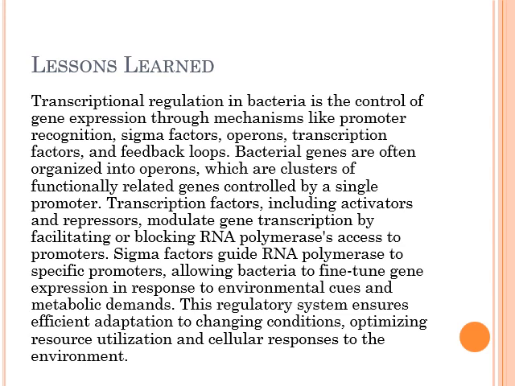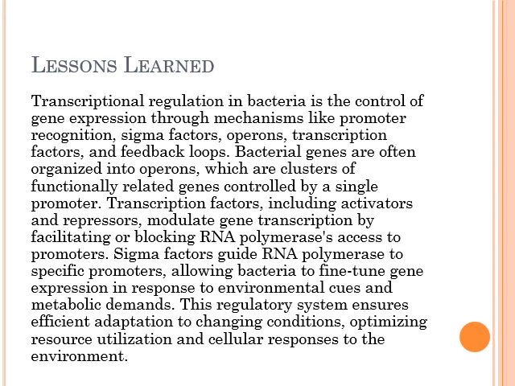You've got different transcription factors in bacteria, like activators and repressors. Activators activate transcription, repressors slow it down. They could either help recruit RNA polymerase or stop RNA polymerase from binding. If you help recruit RNA polymerase, it speeds up transcription.